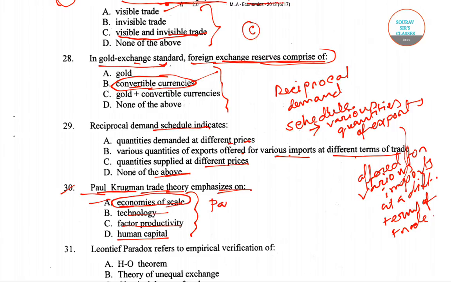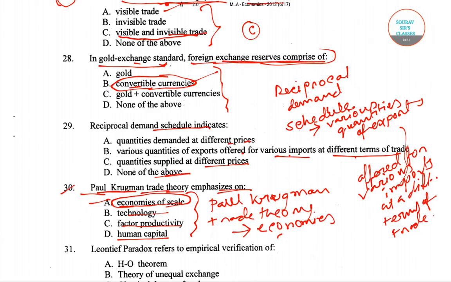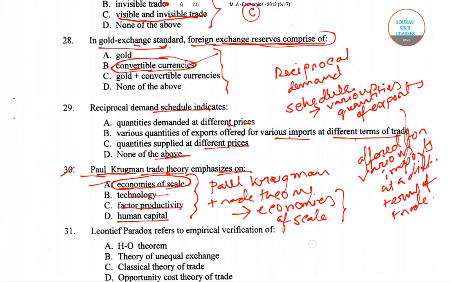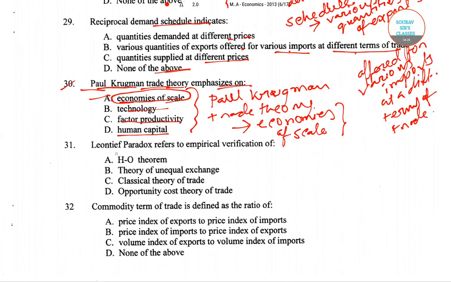Now we'll go to question number 31. Leontief paradox referred to the empirical verification of Heckscher-Ohlin theorem, theory of unequal exchange, classical theory of trade, and opportunity cost theory of trade.